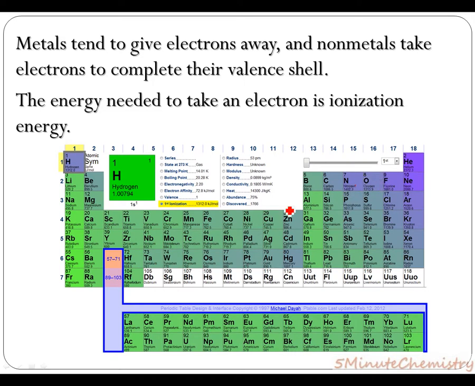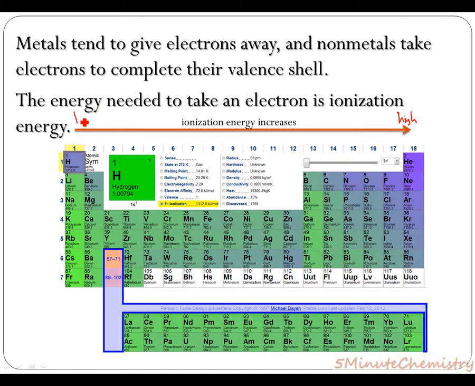Going from left to right, 403, 549, 600, 640, 652, you see that the general trend is an increase in energy, which means it takes a lot of energy to remove electrons from our nonmetals.